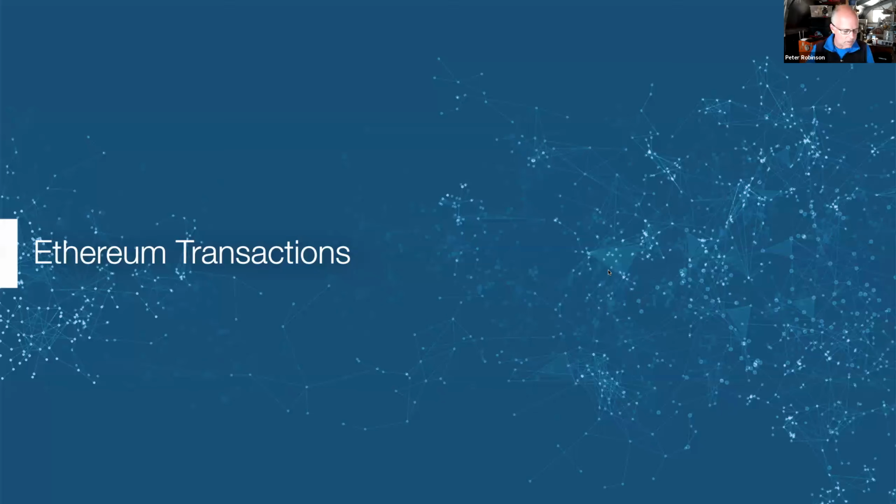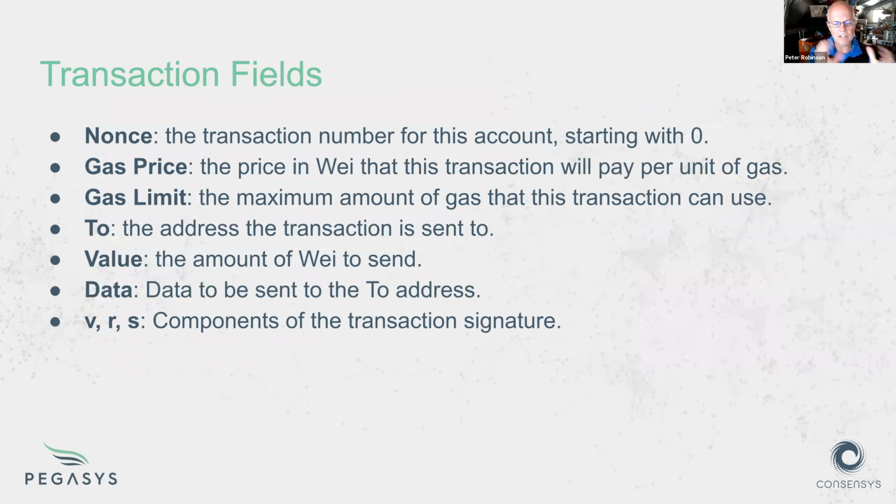So in Ethereum, you have transactions, and these are the things that are sent over the wire between the application and the Ethereum node, and also then around the network. And so you've got a nonce, a value that starts at 0.